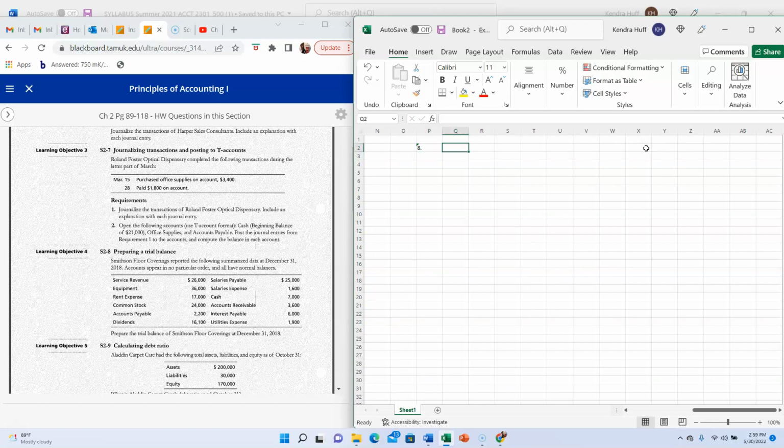Number 8. All right, so this is going to be Smithson. So a trial balance is just a working paper that stays in the office of the accountant. It's not actually issued to the public.